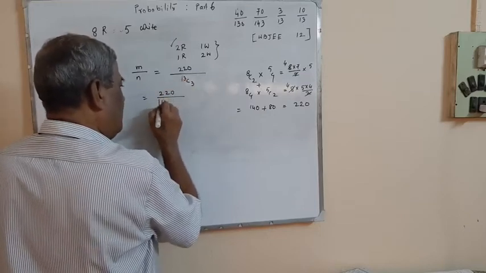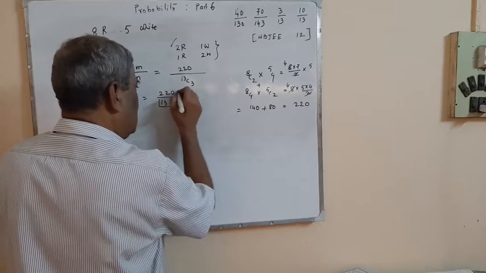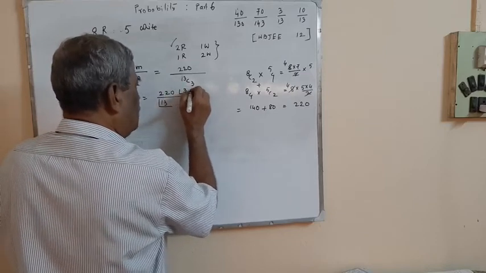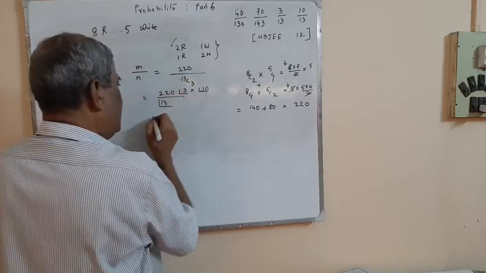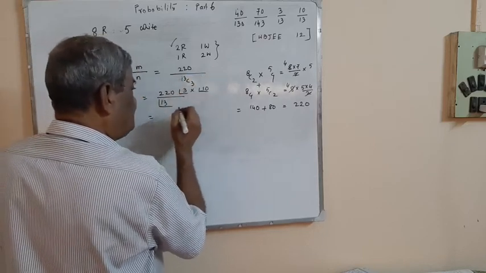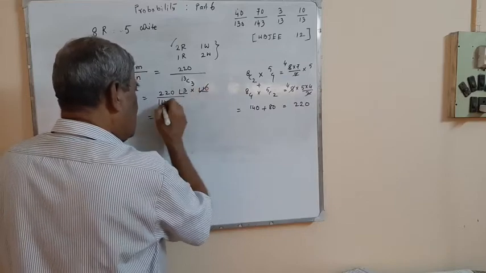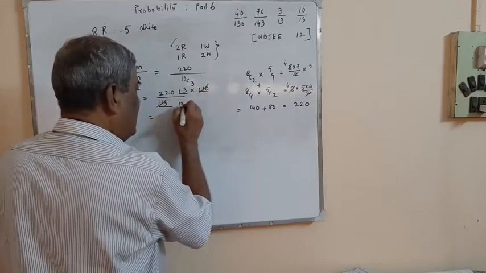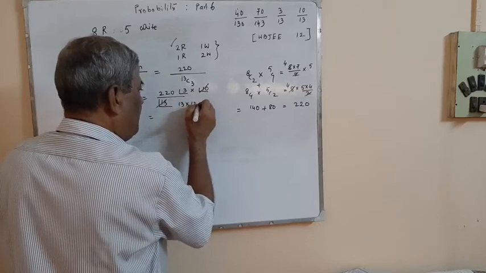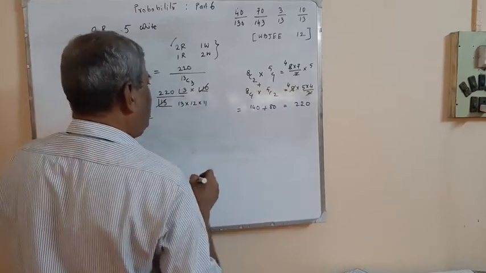So 220 divided by 13 factorial 13 divided by factorial 3 into factorial 10. This minus that. And from this, factorial 10 can be cancelled, leaving 13 into 12 into 11.